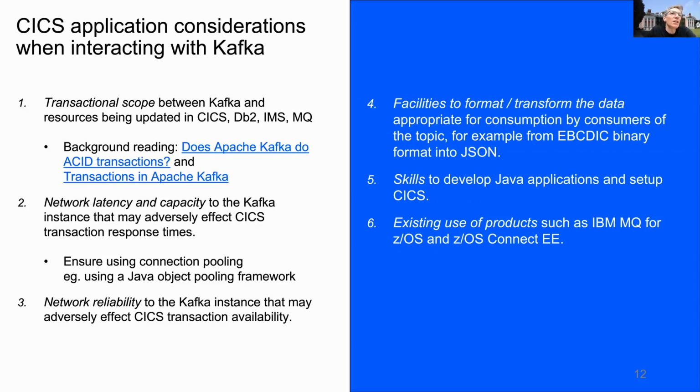Network latency is something to consider. If you've got a high performance application with a time frame in which it needs to complete, and now you're starting to write messages out to a distributed system, perhaps, although that system may perform very fast, you do need to consider what volume of data you're writing, how available that system is, and what happens when there are delays or problems.